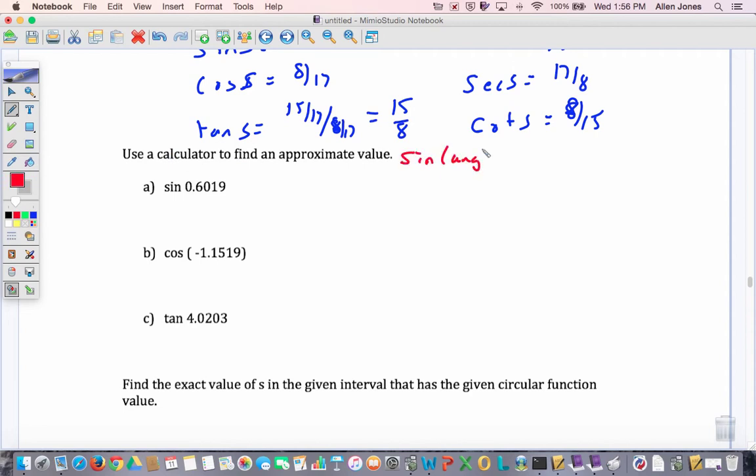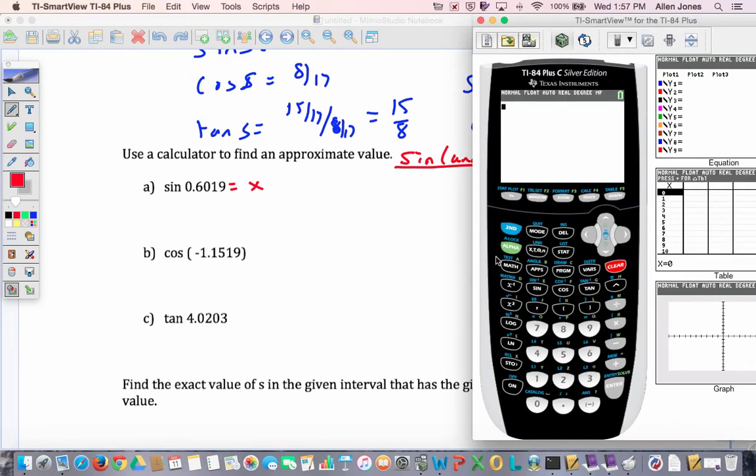Use our calculator to approximate. So I wrote this up here several times previously. I'm going to write it off to the side here. The sine of an angle equals the ratio. So notice here, if I put an x on the end of this, that now matches up with this equation. So the 0.6019 is an angle. Because it doesn't have a degree symbol on it, that means it's an angle in radians.